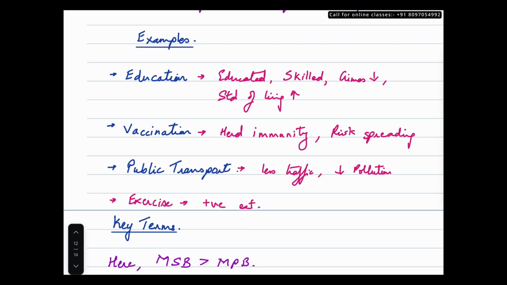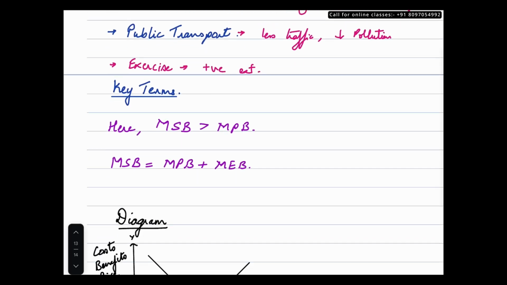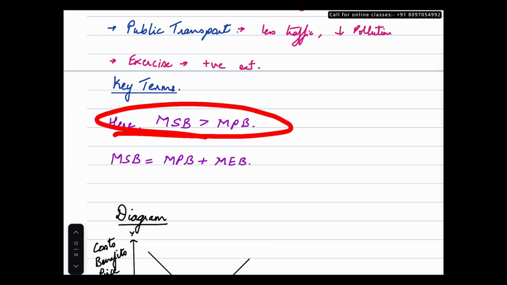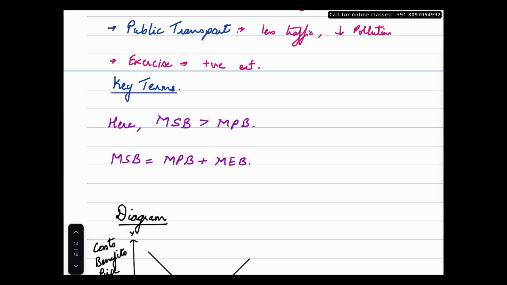Now, let's take a look at the key terms surrounding positive externalities. So, we do have MSB greater than MPB, what you see over here. What is MSB? MSB is the marginal social benefit and it is the total benefit that is available to the society by consuming one additional unit of that commodity.